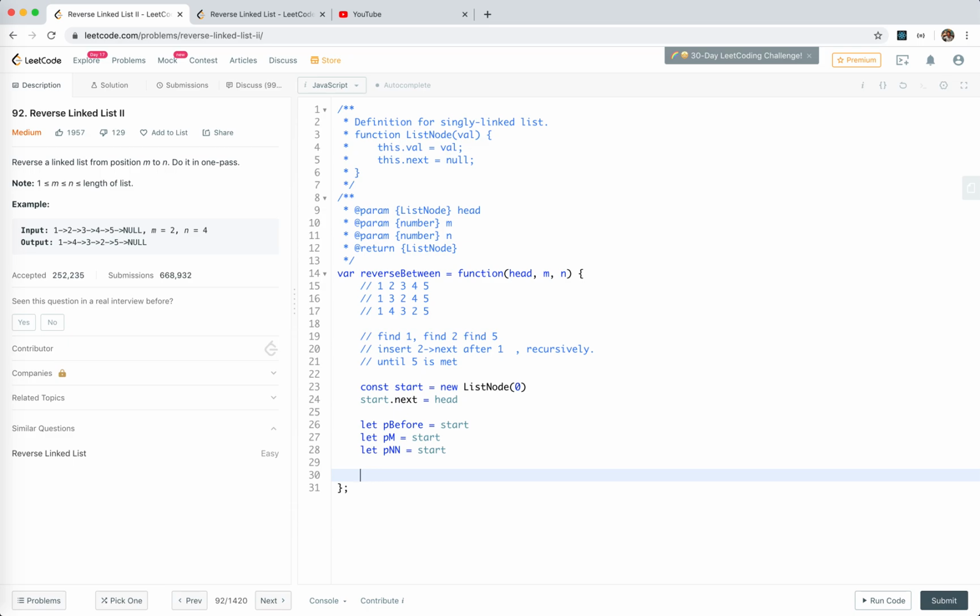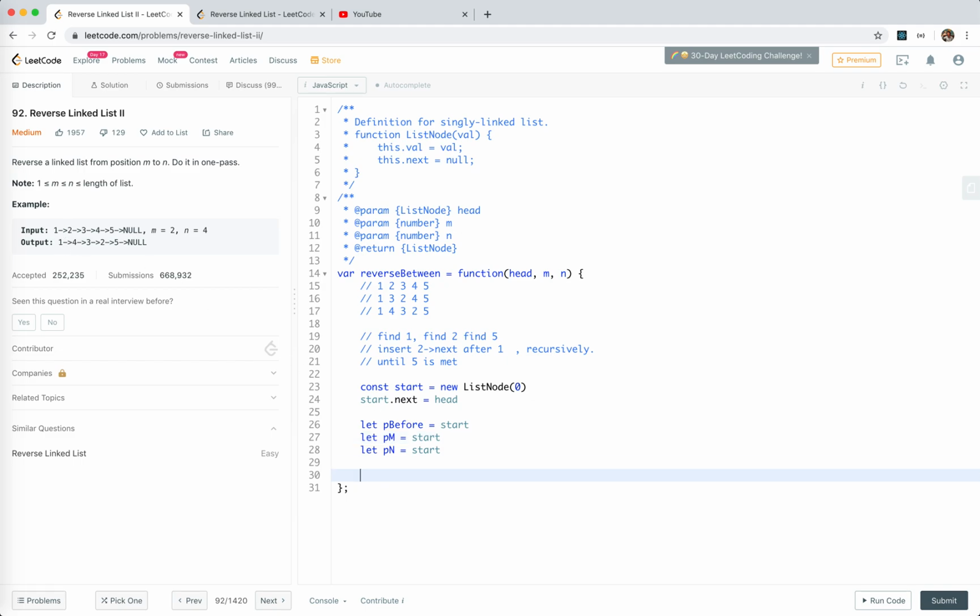Now there's another trick, is that we need to do it in one pass. We just use fast-slow pointers. Let pn run a little faster, and then move them together until they meet the target, right? What we want to do is move pn to 4, move pm to 2.